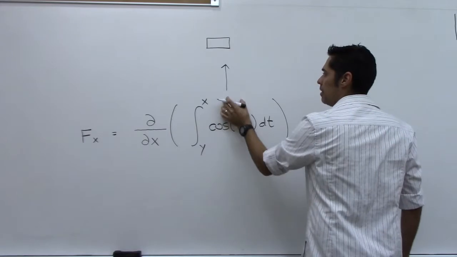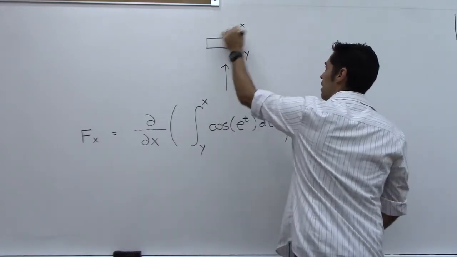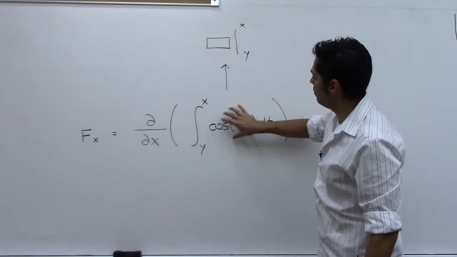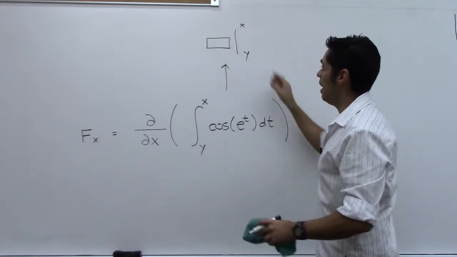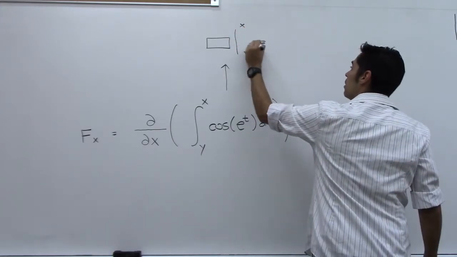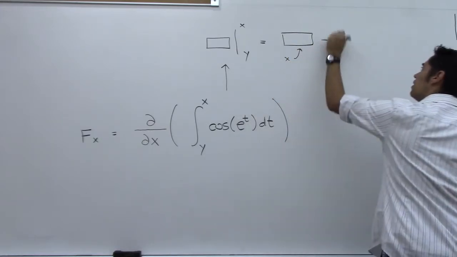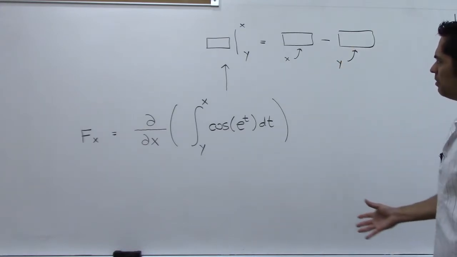What we would do is plug x and y into this. We plug in x, we get something, and then subtract from that what we get when we plug in y. So it would look like this: the antiderivative with x inside, minus that antiderivative with y inside, if that makes sense.